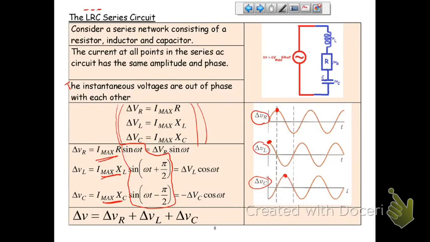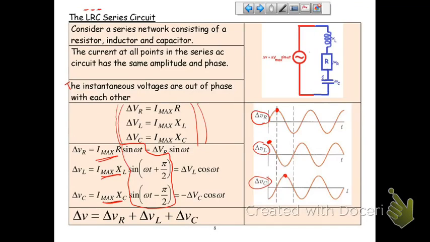The one thing we have to know is, just as we know from simple circuit theory that the current flowing through all these components is the same, we also know that the potential differences across these components at any instant must add up to the EMF.